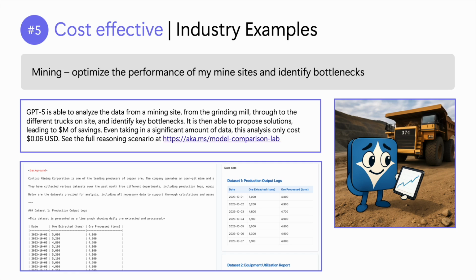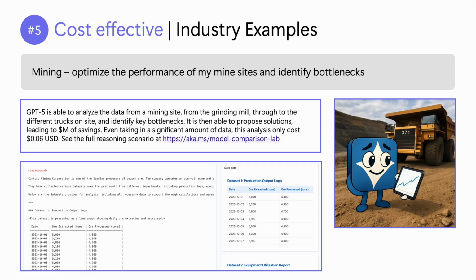Now, if we take this and look at mining, and we look at a scenario where we're looking to optimize the performance of a mine and identify bottlenecks. In this example, GPT-5 was able to analyze all this data from a mining site, from the grinding mills and different trucks, and find bottlenecks, and then propose solutions leading to millions of dollars of savings.